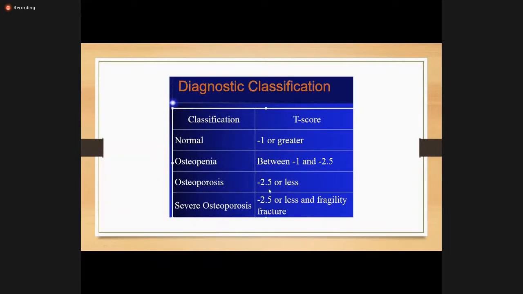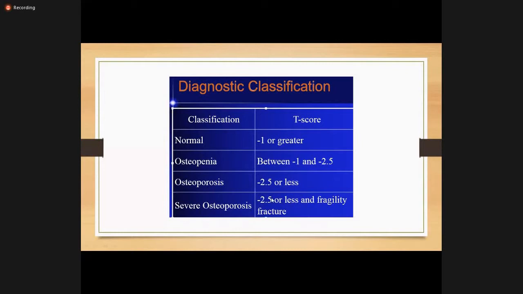And if along with this bone mineral density or even lower, you have any history of fragility fracture or low impact trauma fracture, then by definition this is severe osteoporosis. So severe osteoporosis is not related directly with the score. You may have a bone mineral density T-score of -3.5, even -4, but if there is no fracture, you still call this osteoporosis, not severe osteoporosis.